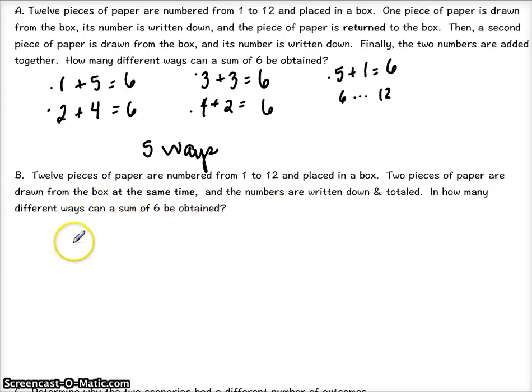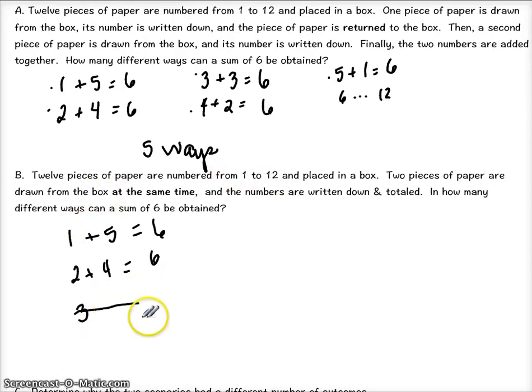Okay, so let's go through that same process again using some logic. If I drew a sum of 6 at the same time, I could draw a 1 and a 5. I could also draw a 2 and a 4. But in this case, it's impossible to draw 2 3s at the same time because there are 12 pieces of paper and each is numbered from 1 to 12.